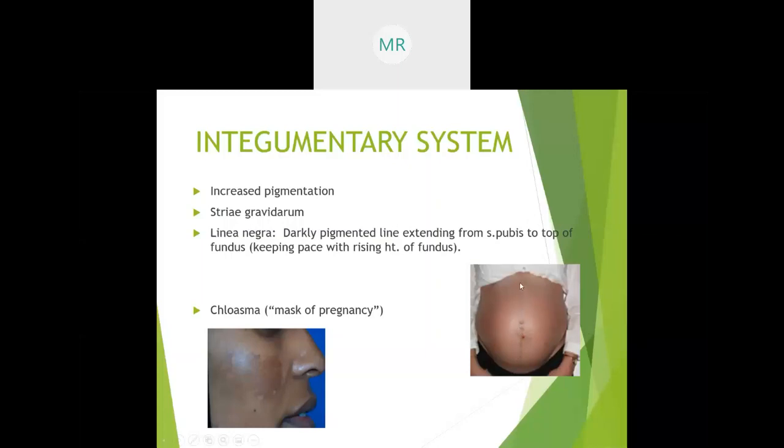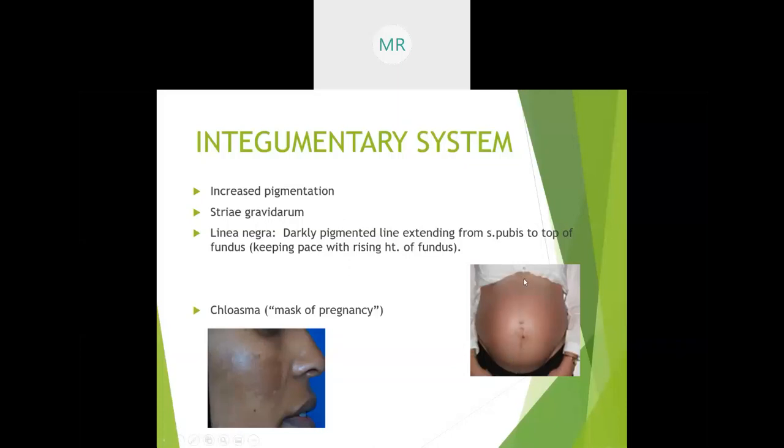Okay, the top is the fundus, and down here is the symphysis pubis. So it's keeping pace with the rising height of the fundus. So it's a darkly pigmented line that extends from the symphysis pubis to the top of the fundus.